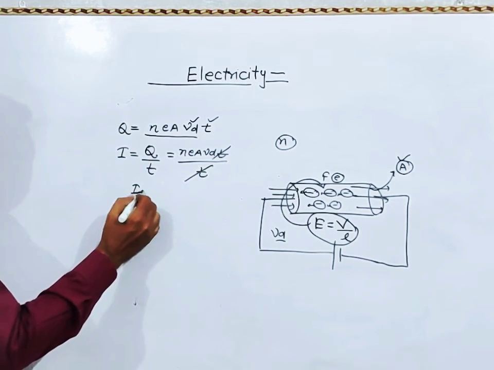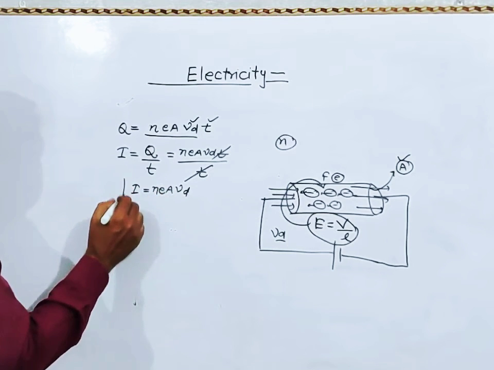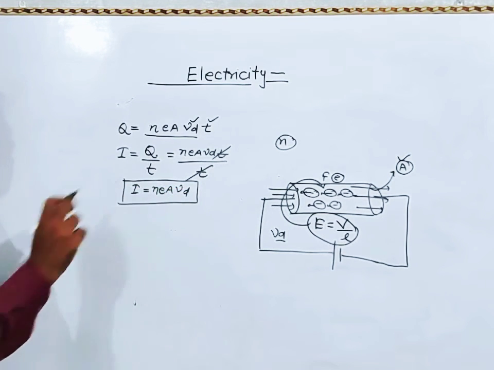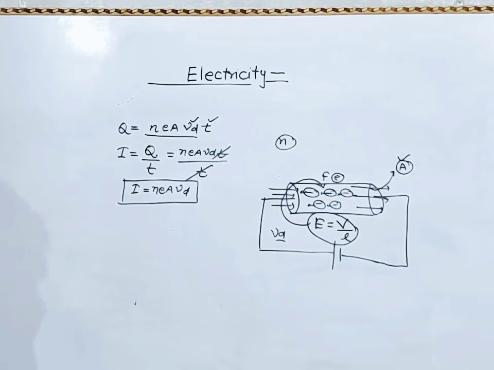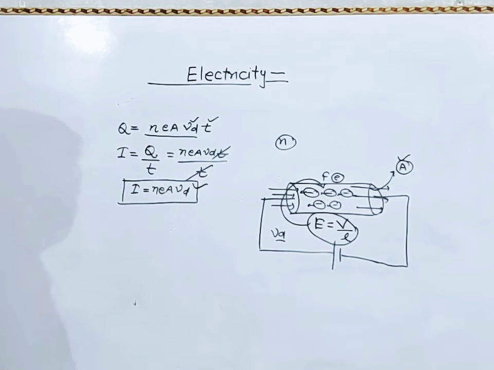Here the relation between electric current and drift velocity is I is equal to nAeVd. So this is an important relation. Sometimes it comes in the board examination: write the relation between electric current and drift velocity.